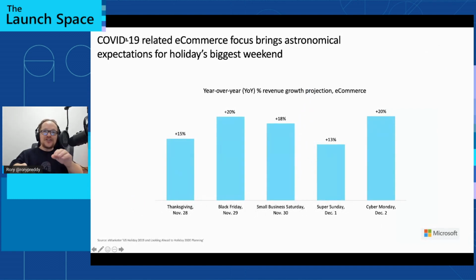I expect to see a significant negative impact to in-store visits because of the COVID climate, but double-digit growth in online sales. I'm going to need a business and technical strategy.